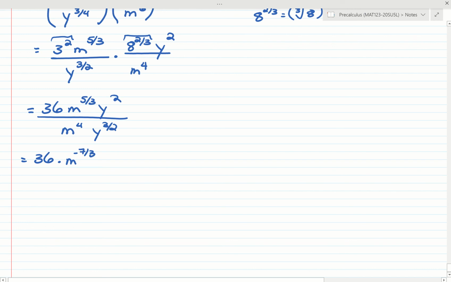And then we have 2 minus 3/2, right? So power to power. 2 we could write as 4/2 minus 3/2 is 1/2. So just cleaning this up, we could write this. This is negative. We'll bring this to the bottom. We have 36y to the 1/2 over m to the 7/3. That's what that problem is.